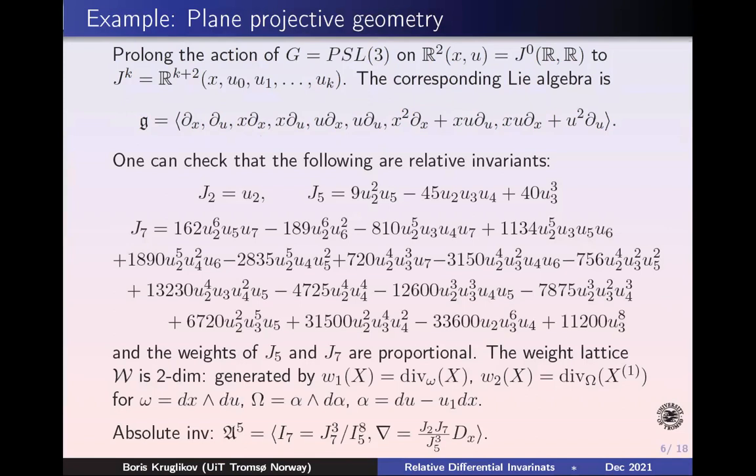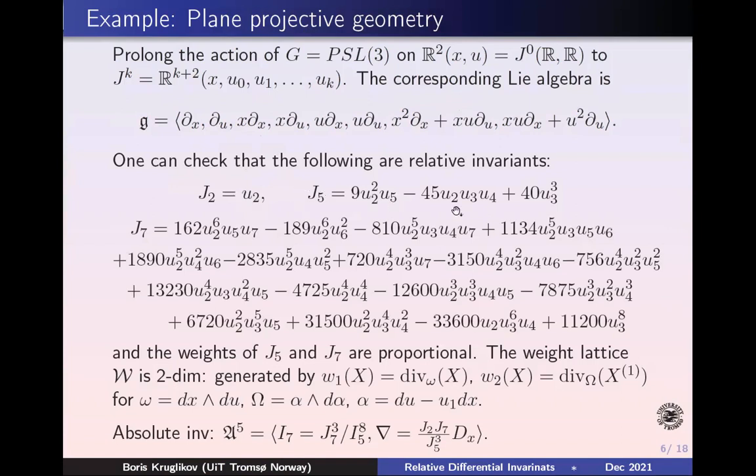Okay, and here are the first relative invariants. Now, if you look at J2, there's just the second derivative of u, and its vanishing is transparent, right? So when we write u2 equal to 0, this corresponds to a line in the plane. And of course, lines are preserved by projective action.